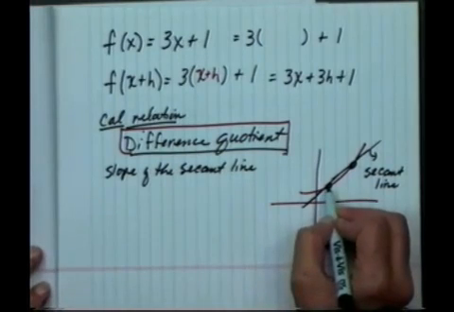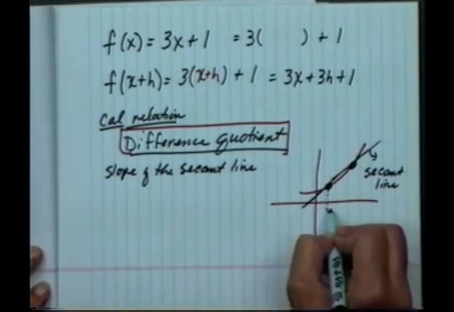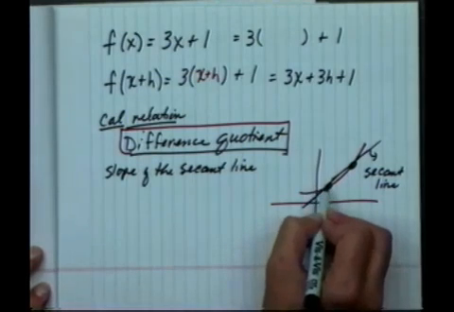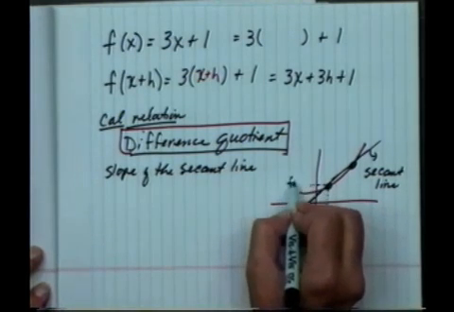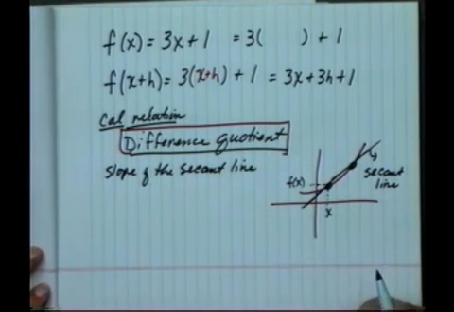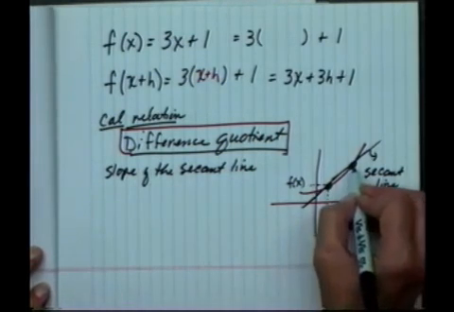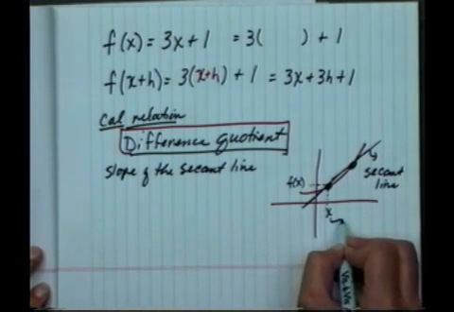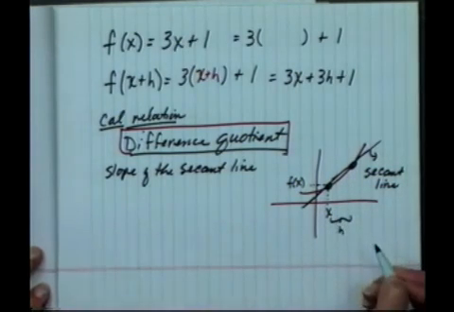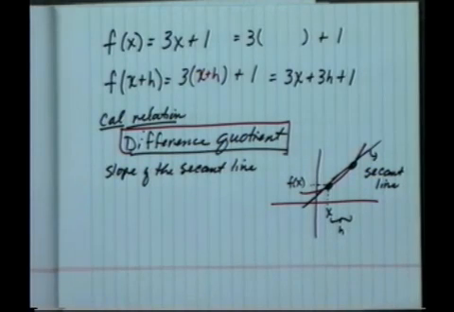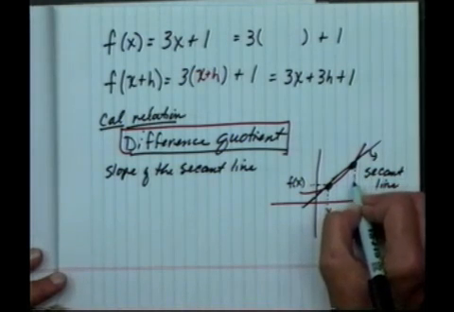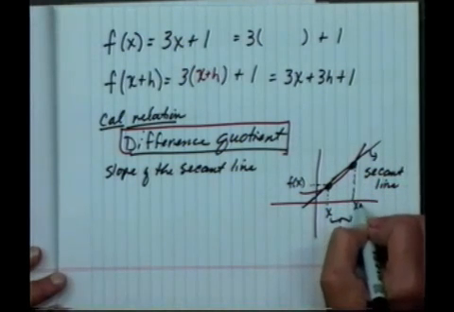All right, so what happens is, here is some general point x, and the y value that goes with that, we call f of x. And what we're going to do is label this next point. The way I do it is I just come over h units. h might be 1, 2, or 3. I'm just going to come over h units, which then means that this x-coordinate is x plus h.